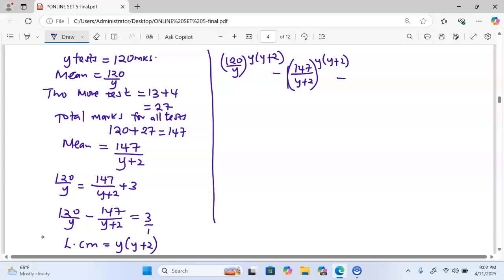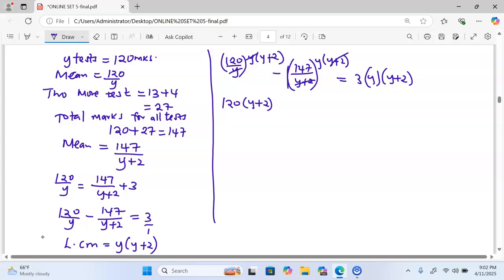And this one is going to give us 3 multiplied by the LCM, which is y into y plus 2. From here now we can simplify, y and y goes, such that we have 120 multiplied by y plus 2.